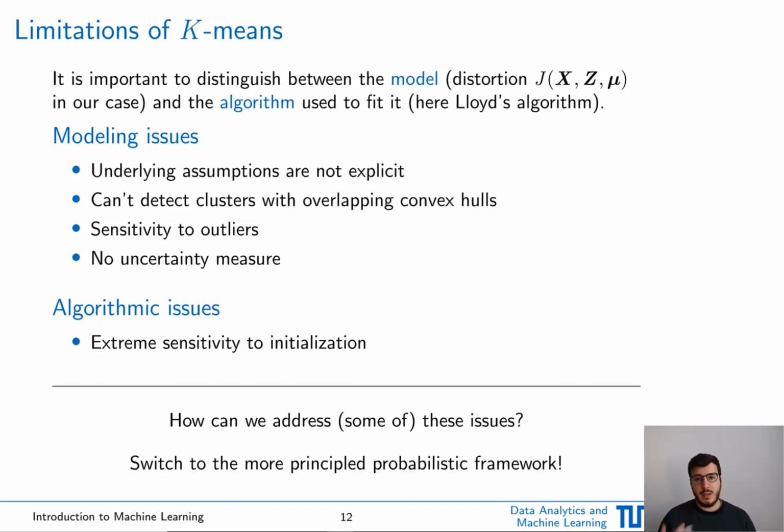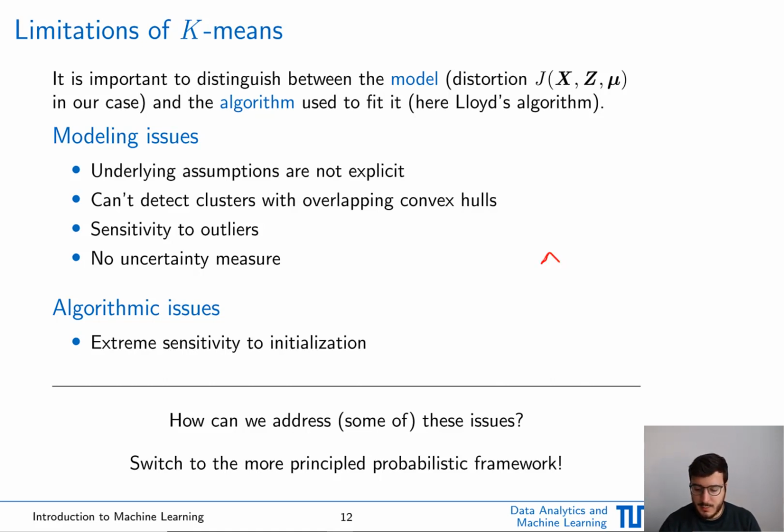In addition to these issues, there are other issues with k-means which can't be so easily solved. For example, one of the big ones is that it cannot really detect clusters which have overlapping convex hulls. So let me show you one example to illustrate what I mean.